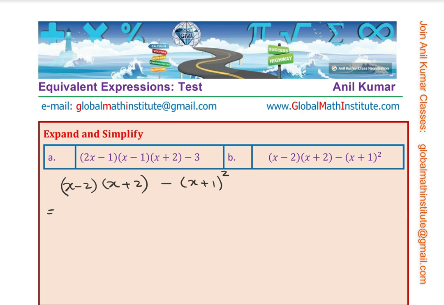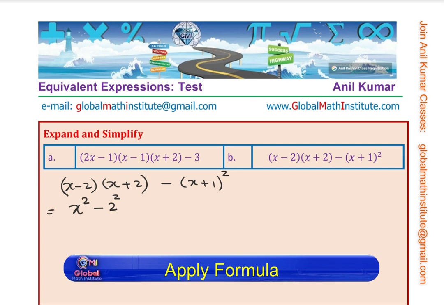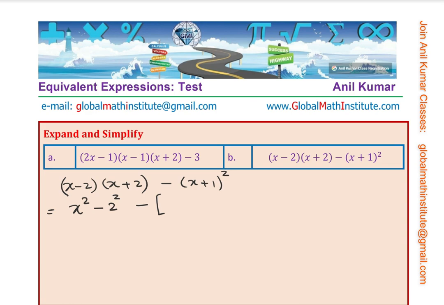A minus b times a plus b is a squared minus b squared. I'm writing 2 squared just to show you we have applied the formula. And here we're making a square bracket because all the terms will come after minus within a bracket, easier to write. Then we'll open the bracket.